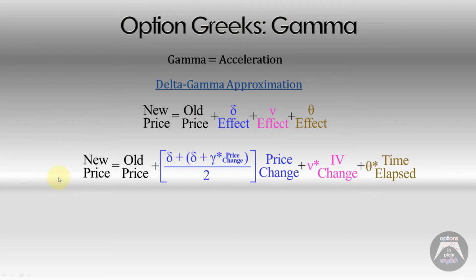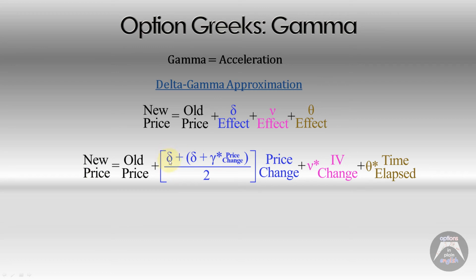So the new price is going to be equal to the old price plus delta, but then the delta is going to be one at the beginning and one at the end of the price move. So you're going to take the average of those two to have the midpoint being the effective or the actual delta that's going to be affecting the new price of the option.